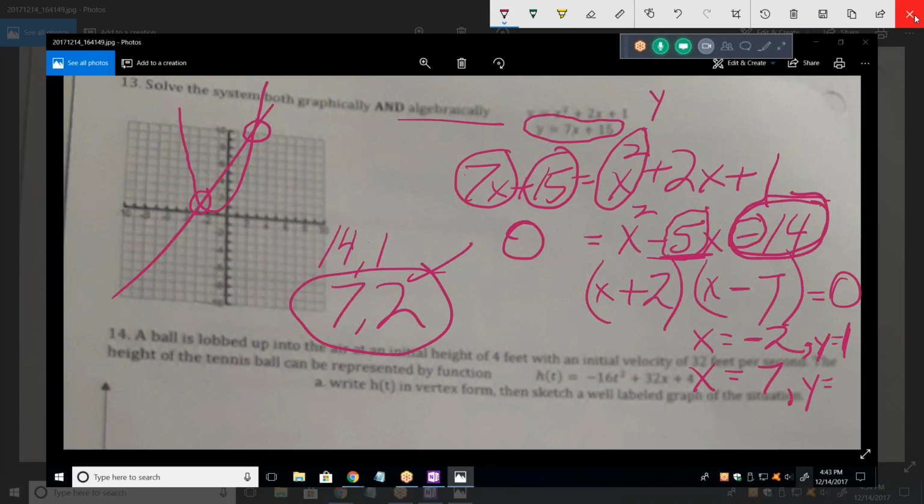Same equation. I'm going to use the same equation I just used, only I've got a different x this time. This time the x is 7.